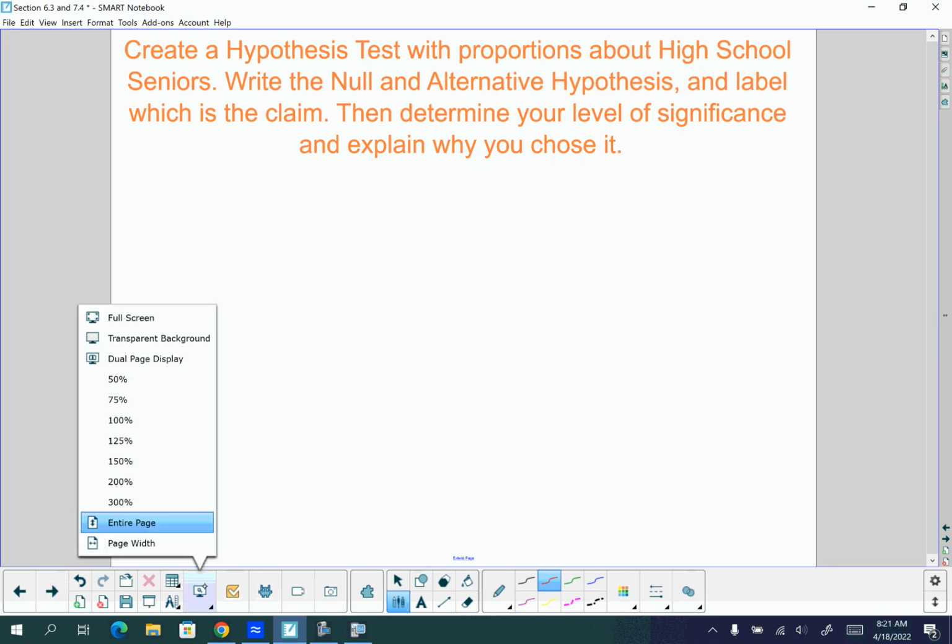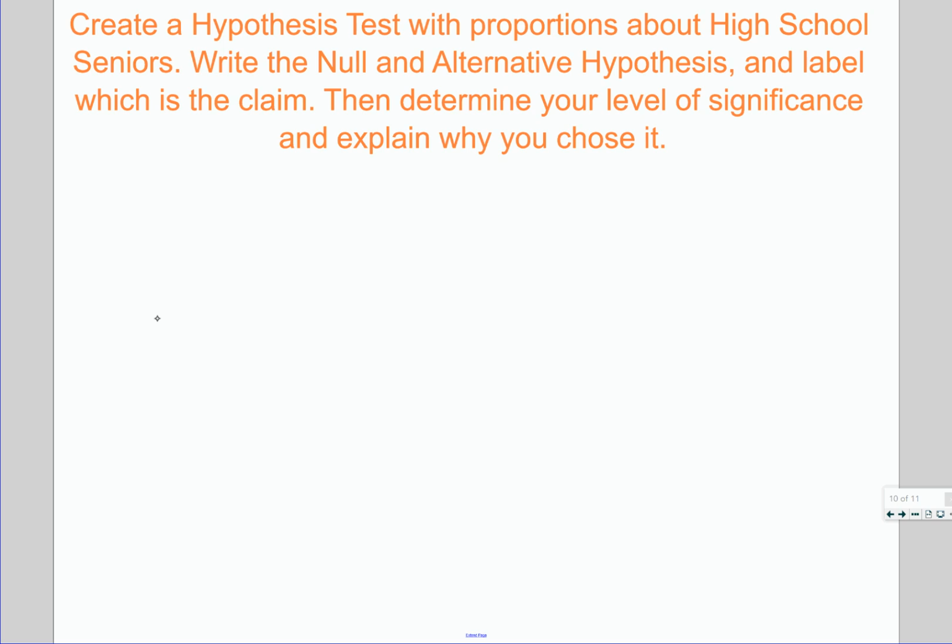I added this problem into the notes from last year because part of your third project is you will have to create a proportion hypothesis test, and it was the #1 missed thing on the project. So I thought it was worth practicing a little bit. So you can make the claim about anything you want. It needs to be about a proportion. It needs to be a percentage in your claim somewhere.